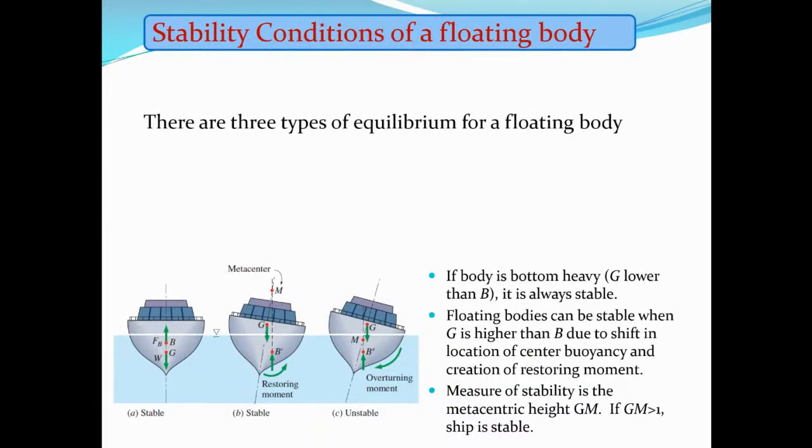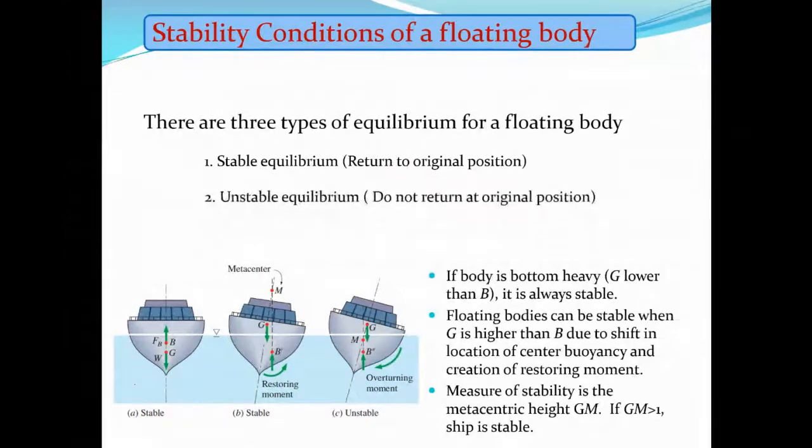There are three types of equilibrium for a floating body, which we explained: the stable equilibrium, which will return to its original position in the first case; the second case, unstable equilibrium, which does not return to its original position. It overturns, it capsizes; and the third case, neutral equilibrium. The body remains at the new position and at rest. If GM is positive, it is stable. If it is negative, it is unstable.